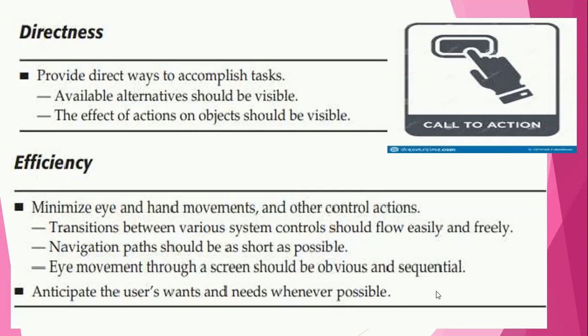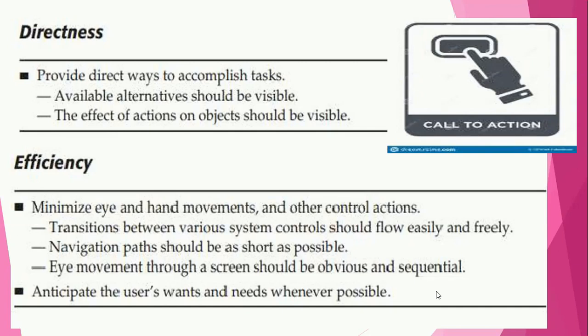Or if you want to move an icon, you can easily move it to another place on the screen. So this is called direct manipulation, or you have directness with the system. You are directly interacting with the system. Tasks are performed by directly selecting an object, and then you can see the action being performed on the screen.